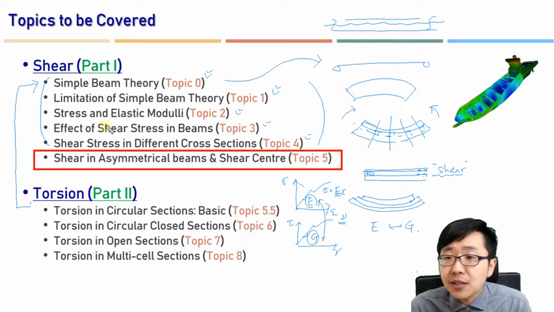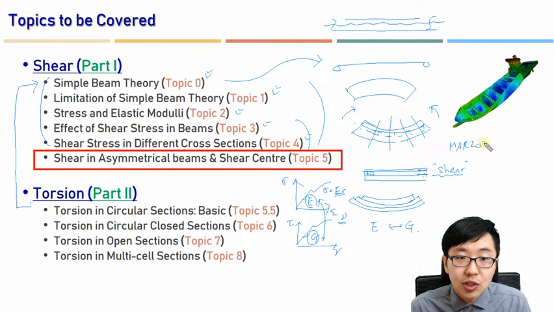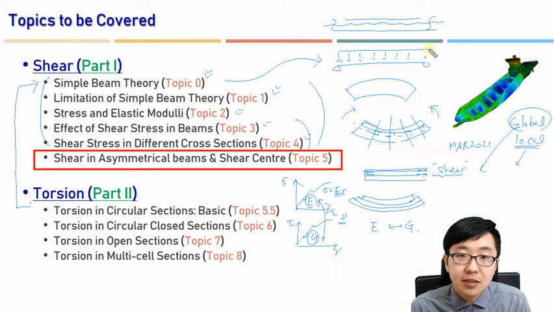The effect of shear stresses in beams and the shear stress in different cross sections was covered in MAR 2021. Do you remember? We started from the global and the local. The local is related to the section, but in the case of global, we started from the beam, where a distributed load or a concentrated load is applied, so that we could think about weight distribution.